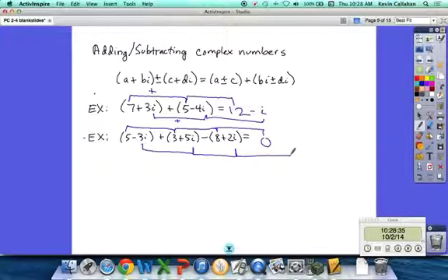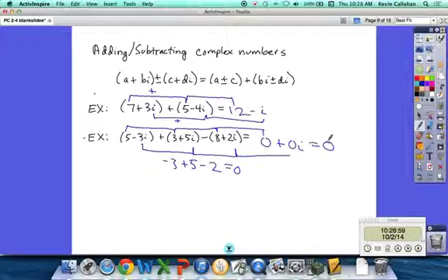Negative 3 plus 5 plus 2. Oh, actually, I'm wrong, aren't I? It's actually negative 3 plus 5 minus 2, which is 0. So it's actually 0 plus 0i, which is 0. I knew those canceled out.